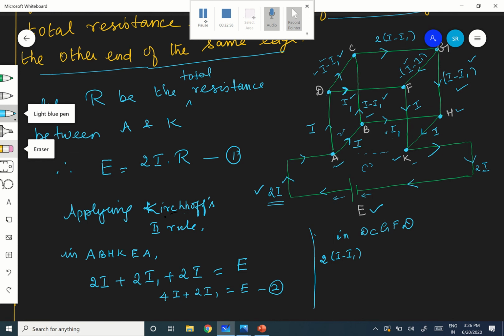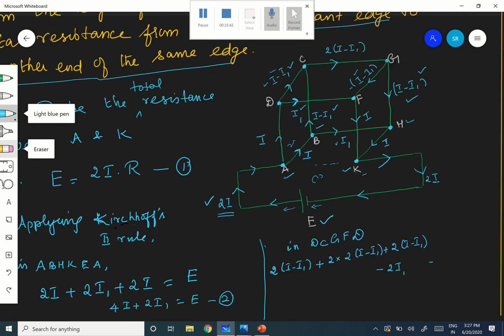Sigma IR is, in DC, 2 into I minus I1, plus in CG, resistance 2 and current I minus I1, plus in GF, resistance 2 and current I minus I1, and one more, DF, the current is in the anti-clockwise direction now, therefore minus 2 I1, correct?